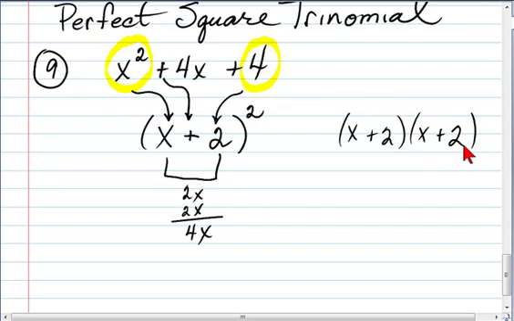Now, in this one, it was just as fast to do it this way, but not always. I do not know whether MyMathLab would give you credit for this version of the answer or not. Because MyMathLab is saying this is a perfect square trinomial, it probably wants this version, where you're going to have to type it in, hit your exponent key, and then hit that.